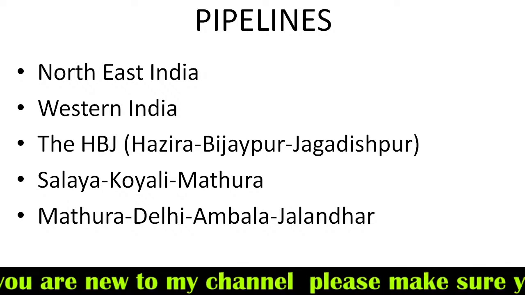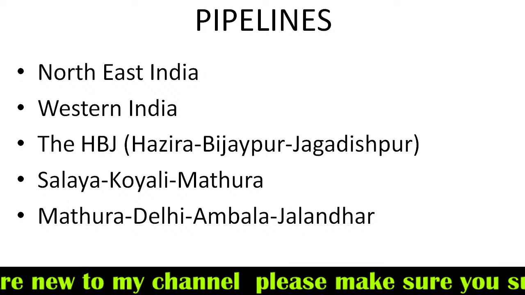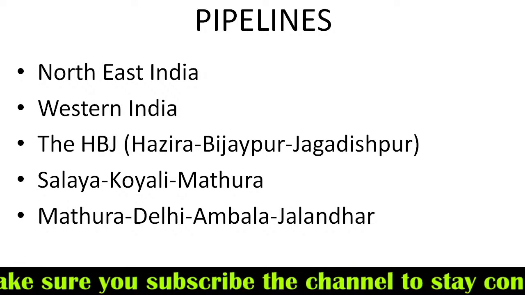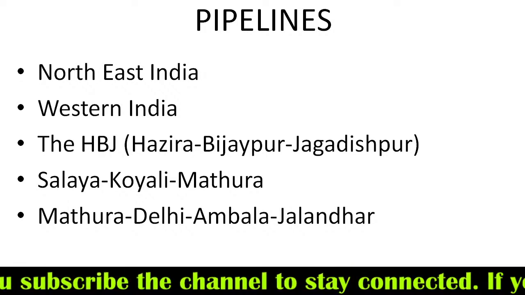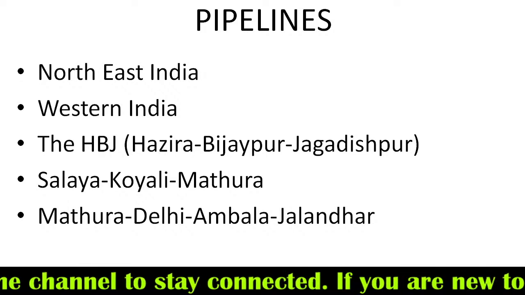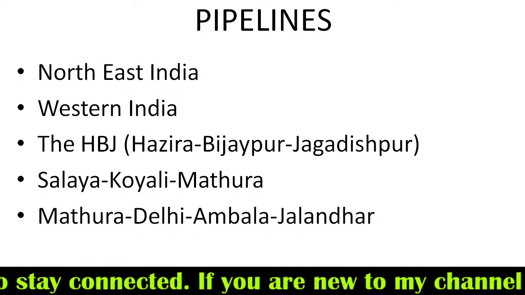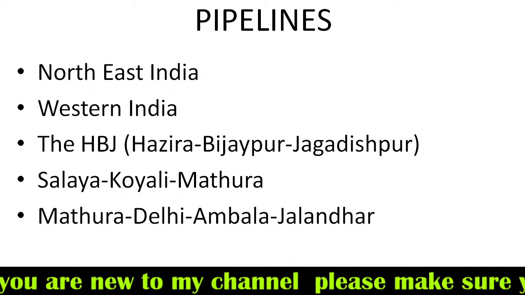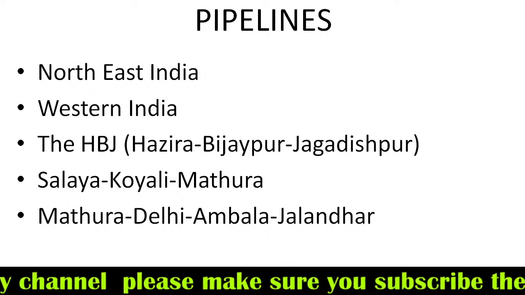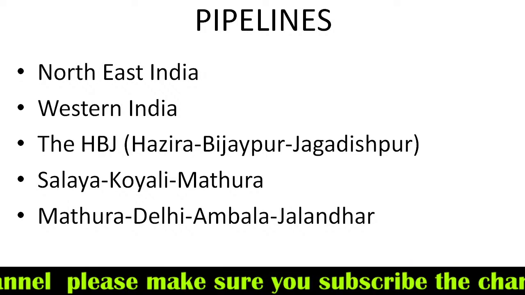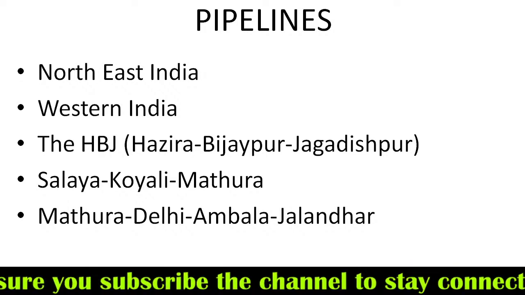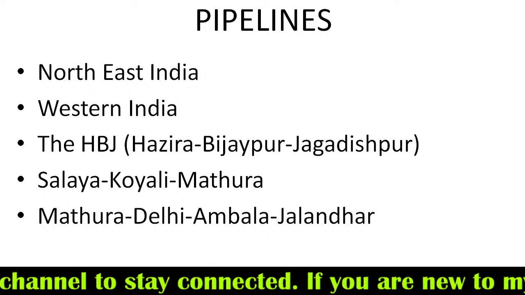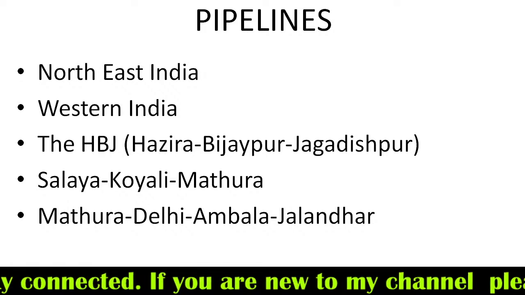This pipeline transports natural gas, based on which fertilizer factories have been set up at Vijaypur, Jagdishpur, Shahjahanpur, etc. Power stations based on natural gas have also been set up at two places. So this thing we need to remember, how through pipelines also things have now changed.